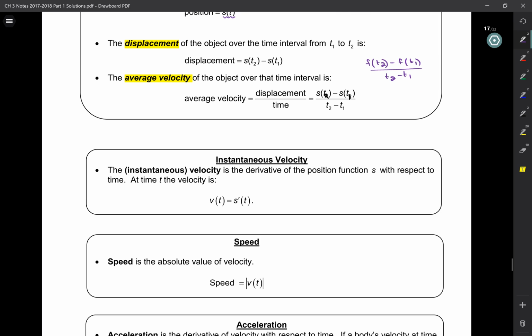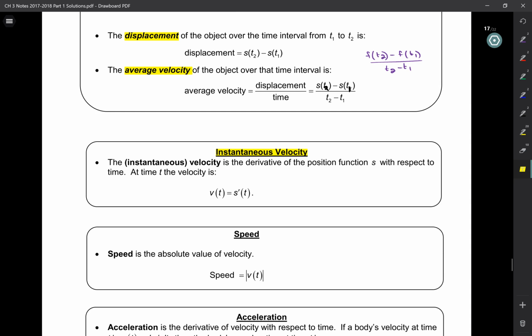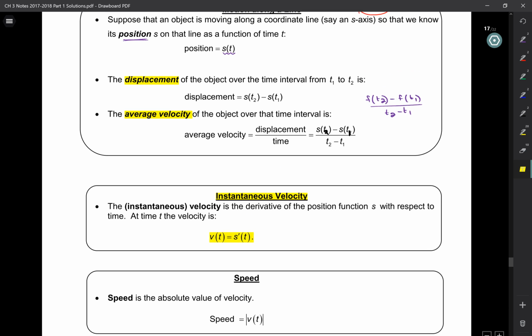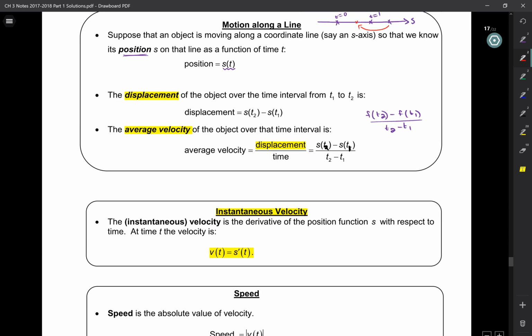All right, so that's your average velocity. Your instantaneous velocity is just your velocity at a specific point. To get instantaneous velocity, it's just S prime of T. So please, please, if anything, memorize this. Why can't I write here? Memorize this and this.